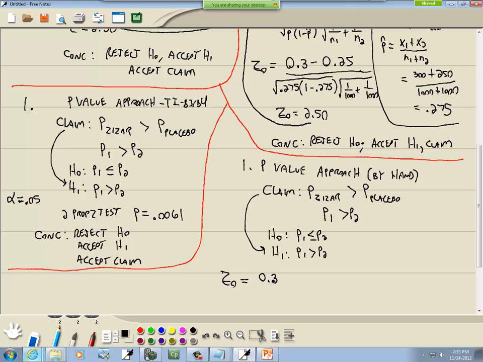So we got 0.3 minus 0.25 over the square root of 0.275 times 1 minus 0.275, and then times the square root of 1 over 1,000 plus 1 over 1,000. And that's going to give us 2.50, same as above.